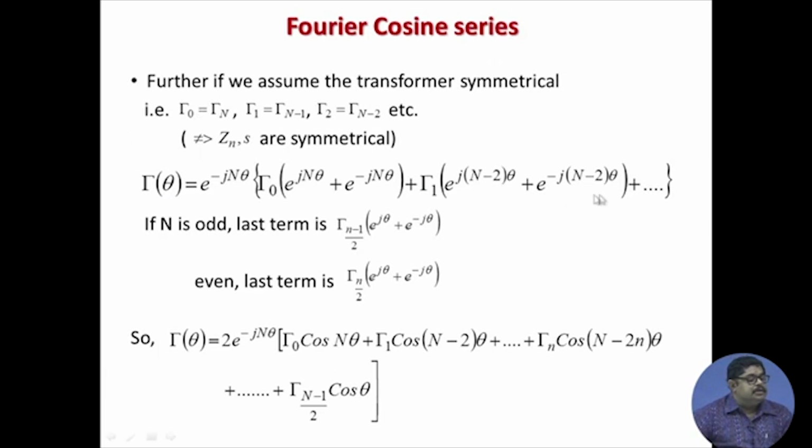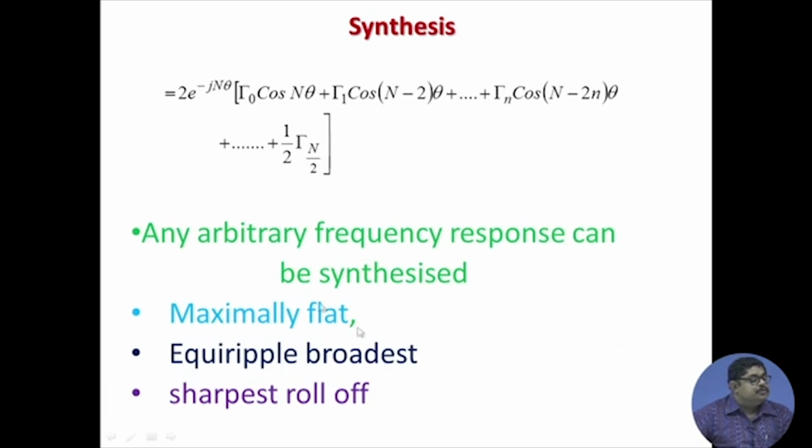So, by that you can group these two, and then it becomes a cosine series. You see this series, gamma 3 its magnitude, will be the sum of cos n theta plus cos (n minus 2) theta, etcetera. So, here you can see that this is nothing but a Fourier series.